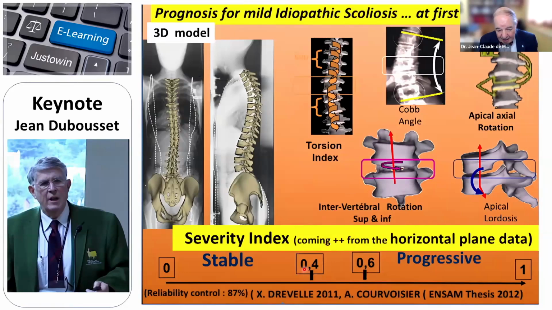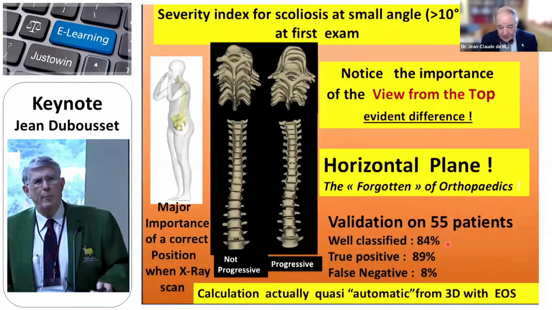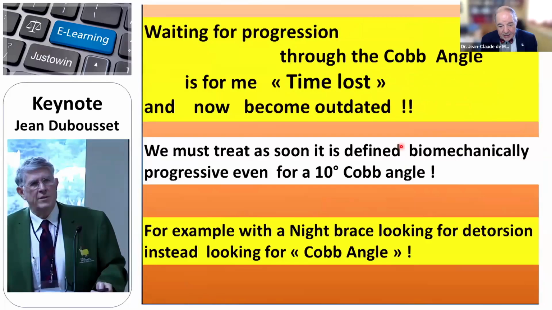And we can define this index, an index of rotation. With less rotation, we have more stability. And with more rotation, we have progressive scoliosis. So we can have a classification with the horizontal plane.